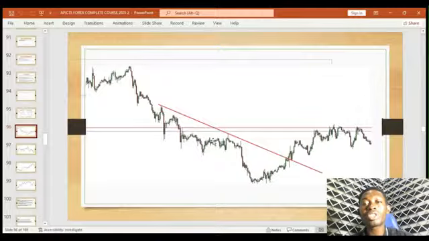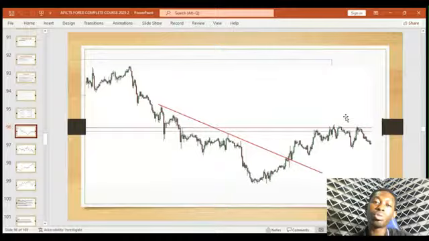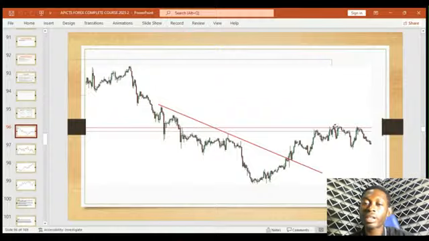So this is called trend line breakout strategy, because price did not obey this trend line. Rather, price broke out my trend line and then began to move in the opposite direction. So you can see that this trend line signifies the beginning of a new trend, a trend reversal.